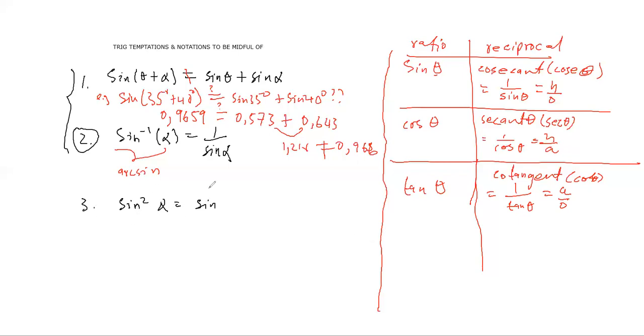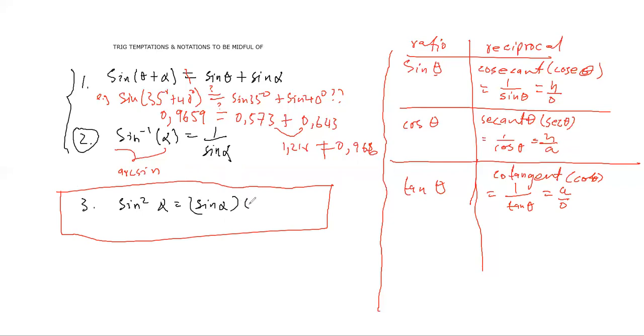Now, here, this is an important notation that you must be aware of. When I have sine squared alpha or sine squared theta, that actually means sine alpha times sine alpha. That's exactly what it means, which also means sine alpha all squared.